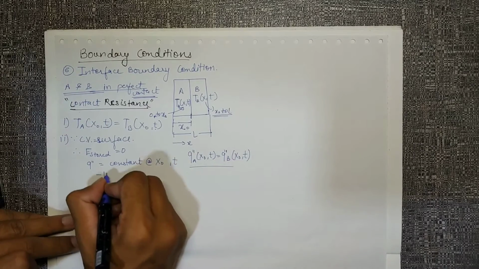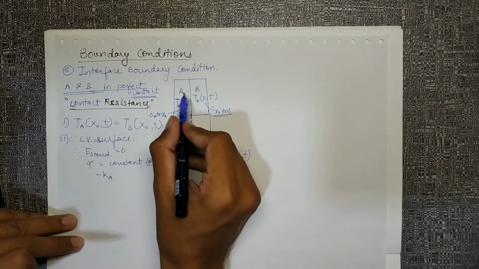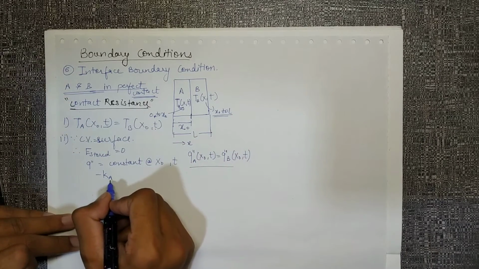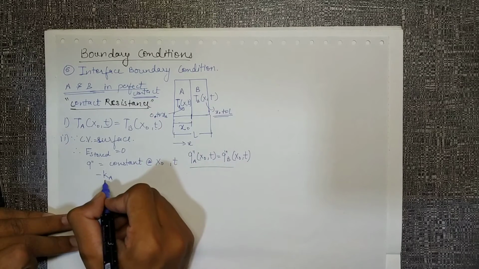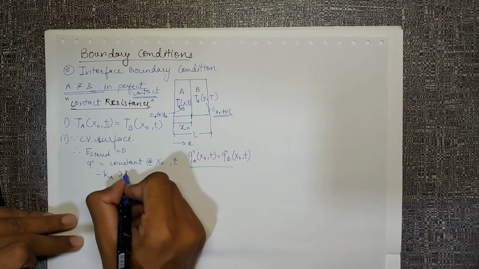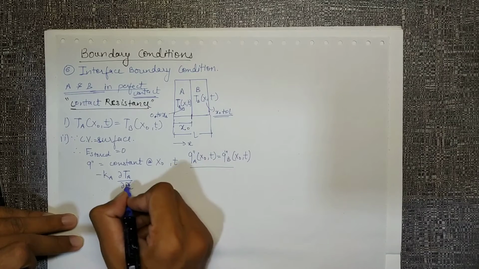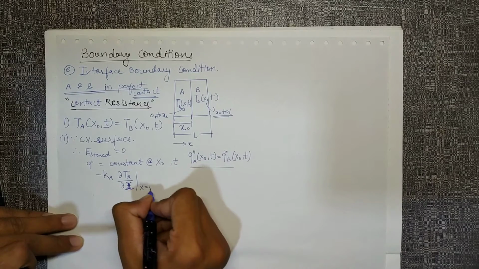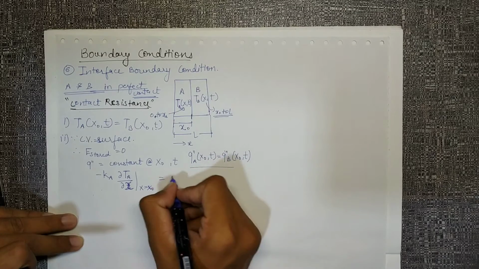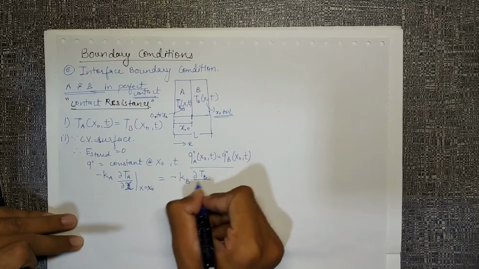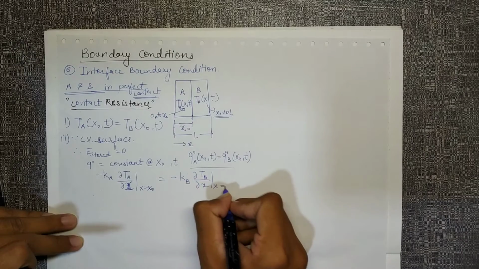This means, if the conductivity of wall A is Ka, Ka del Ta upon del x at location x equals x naught is equal to minus Kb del Tb upon del x at location x equals x naught.